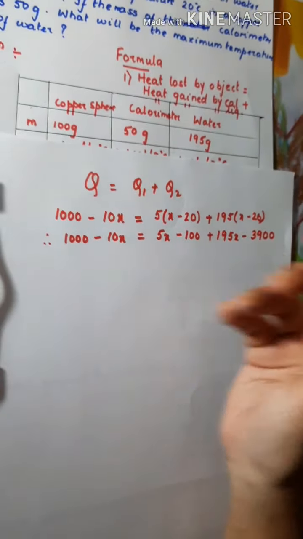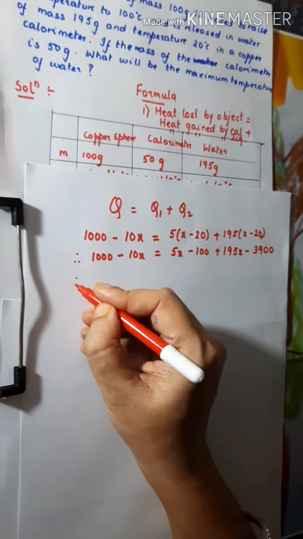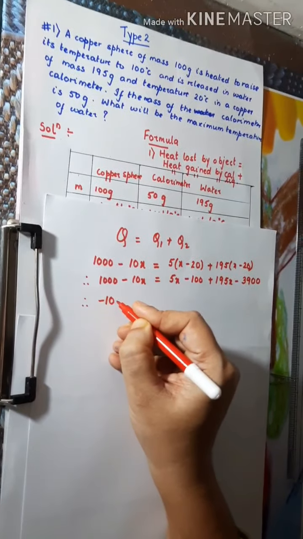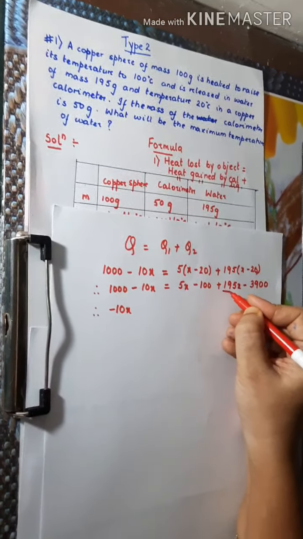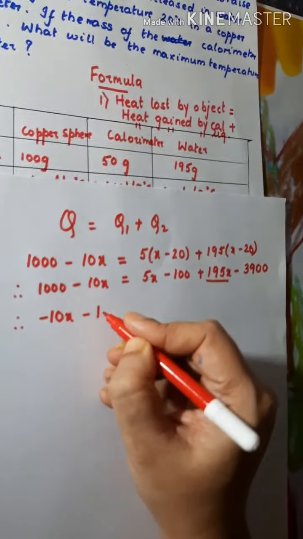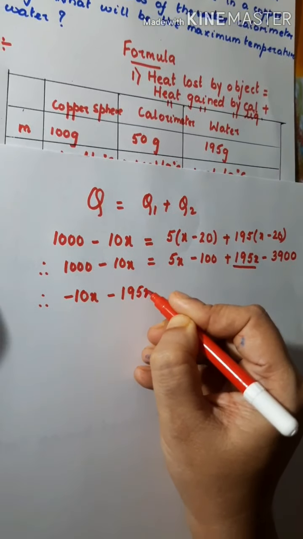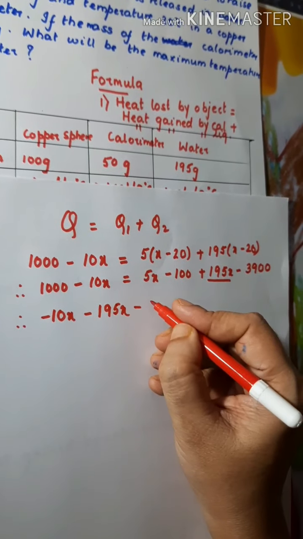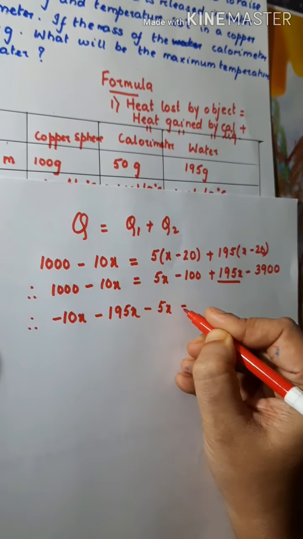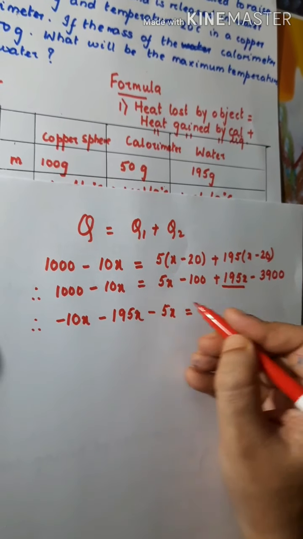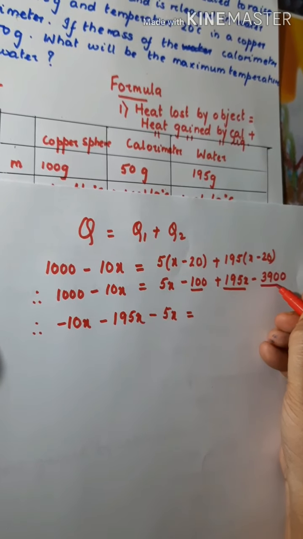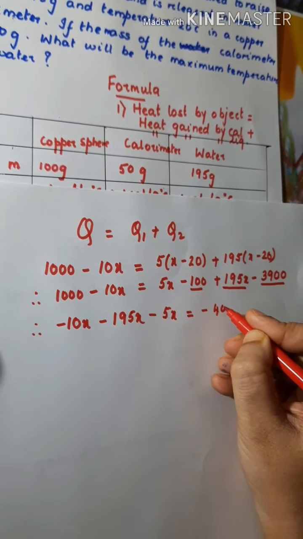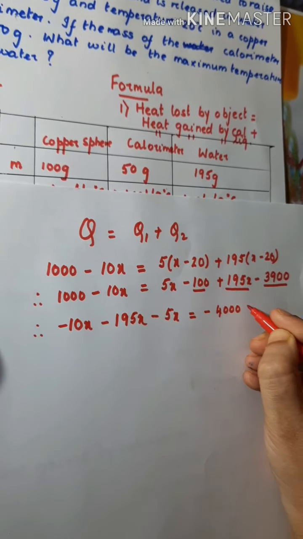Now this is my minus 10x, I'll keep it as it is. This is plus 195x, I get it on this side, so it becomes minus 195x. This plus 5x I can get on this side, it will become minus 5x, equal to minus 100 minus 3900, which is minus 4000, minus 1000.